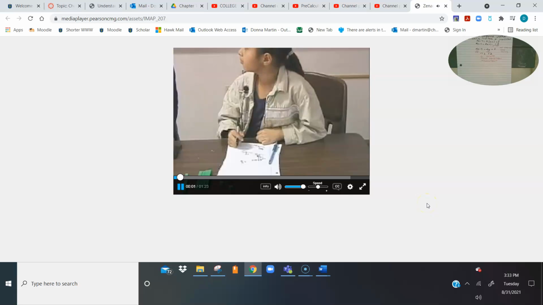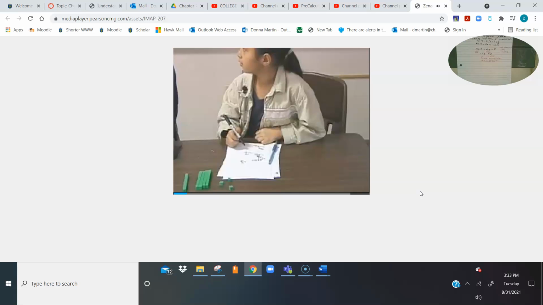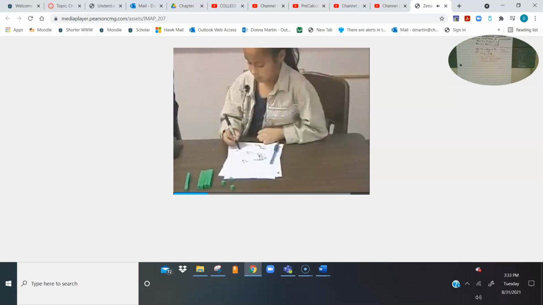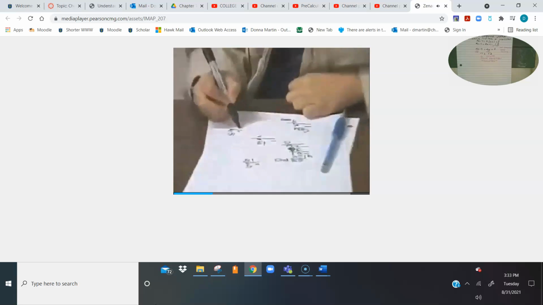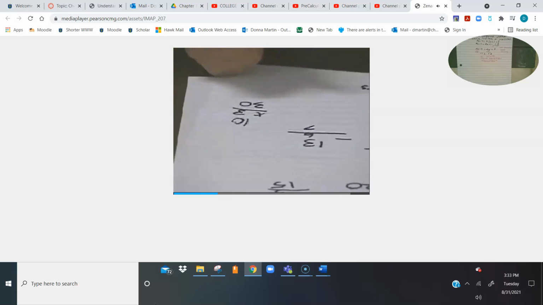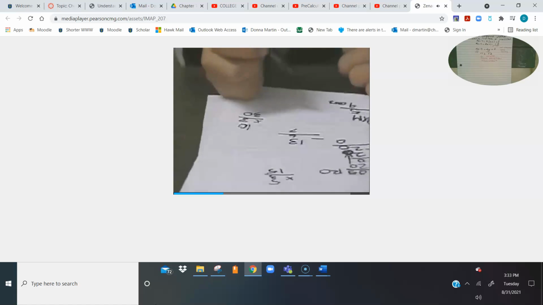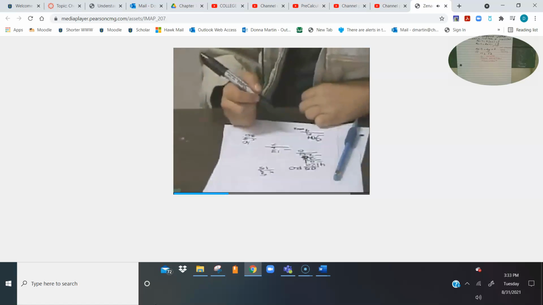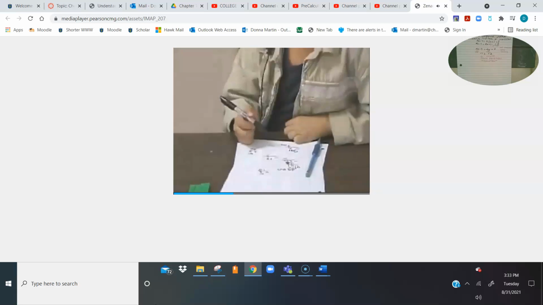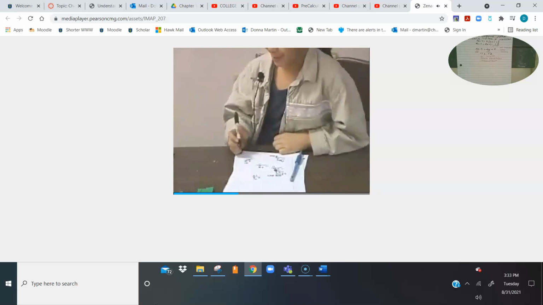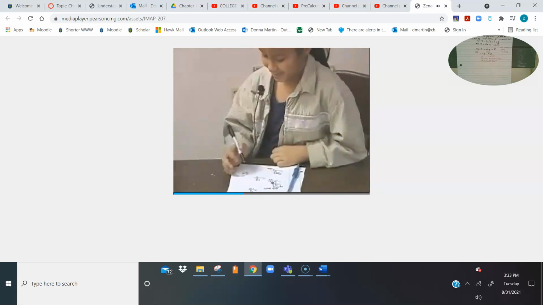But how many tens are there in 32? 3. Very good. And how do you know that there are 3 tens in 32? 10 times 3 is 30. Very good. Okay. And how many tens are in 120? 12. Great. And how did you know that there were 12 tens in 120?